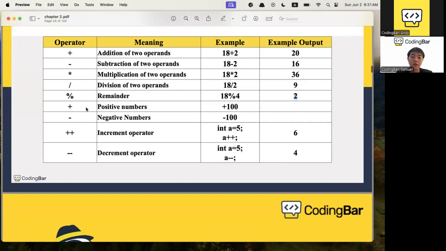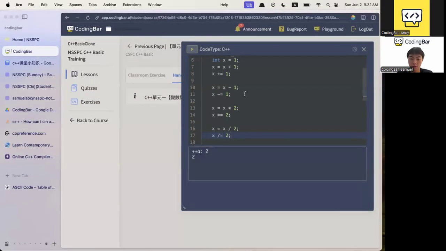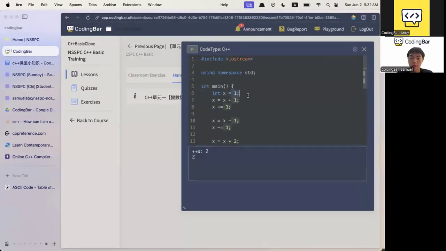Also, we have a notation for positive numbers. To indicate positive numbers, you can type a plus 100, or you can just ignore this plus. Just type 100, and this will be a positive number. However, for negative numbers, it's the same as in maths. You write minus in front of your number. So for example, here, you can define your x as minus 100.